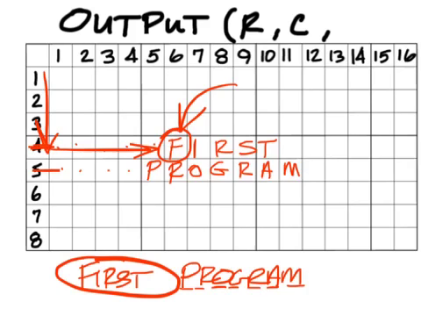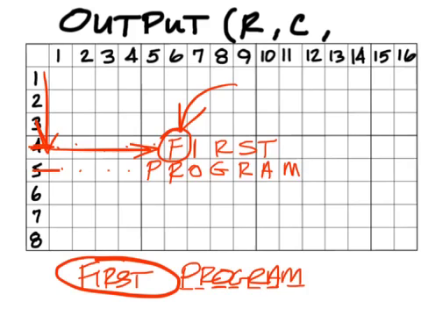And you're going to need quotation marks around that again, and then hit enter. That's your first line, or technically the second line of code for the program. Output 4, 6, and then first for the word that comes out.